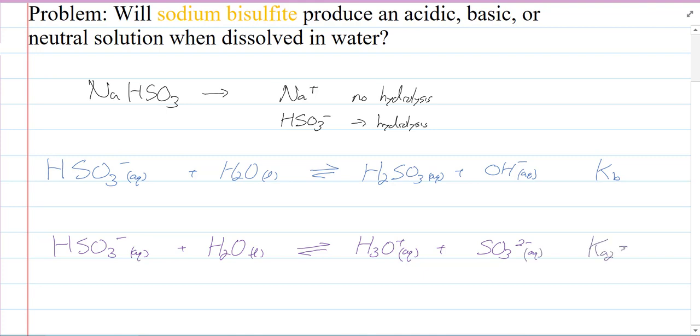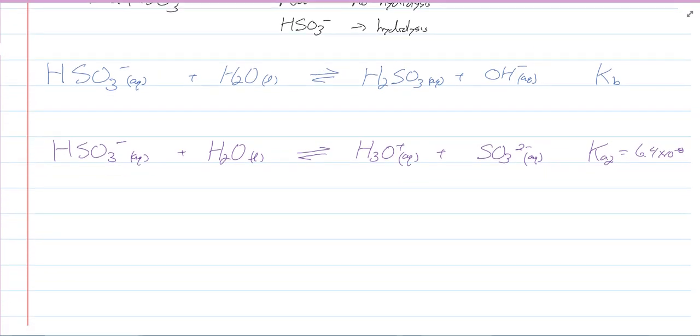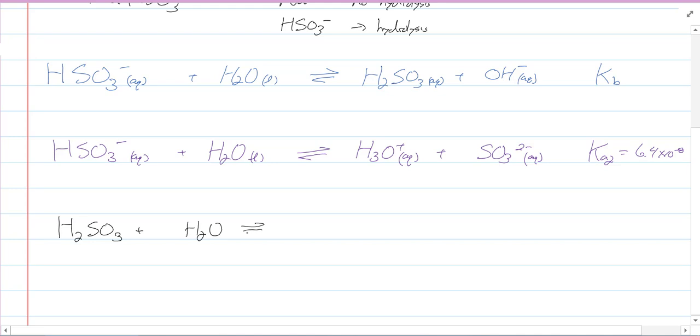And Ka2 was 6.4 times 10 to the minus 8. I have to get Kb. Now, which Ka do I use to get Kb? Well, hopefully you recognize it's going to be Ka1, but let's show you. I have H2SO3, water, H3O plus, and HSO3 minus.